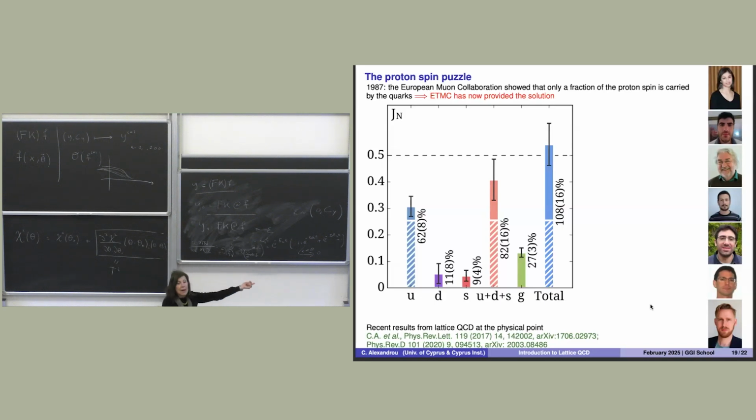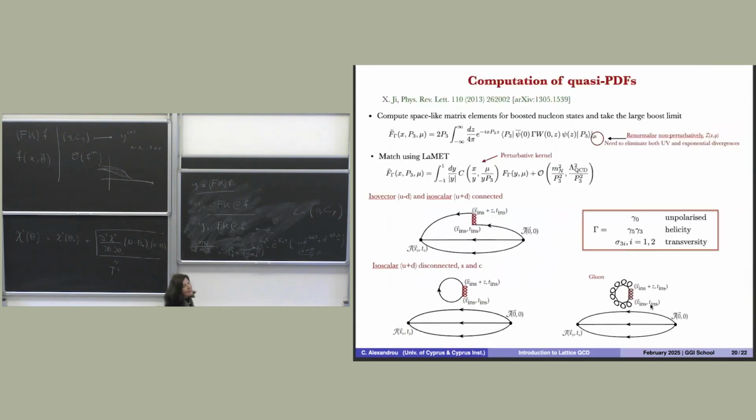Okay, so now in the last minute, I told you that we cannot compute light cone matrix elements. And so for a very long time, we only computed lower moments. Now we really can compute the full GPDs.